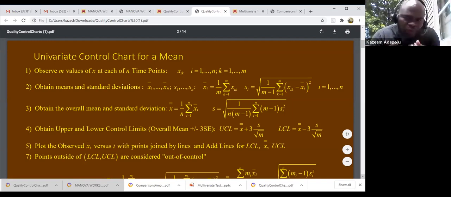If we're considering one variable, if we're producing one item and we want to investigate whether it is within control or out of control, we're going to have a way to measure that.